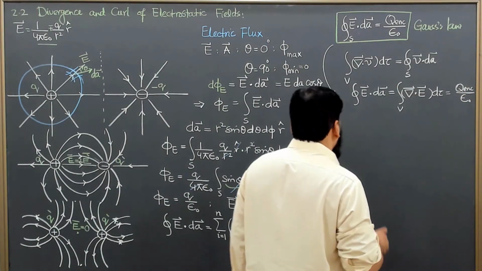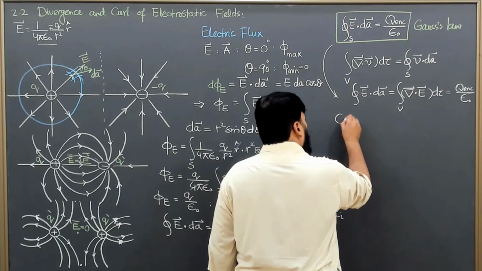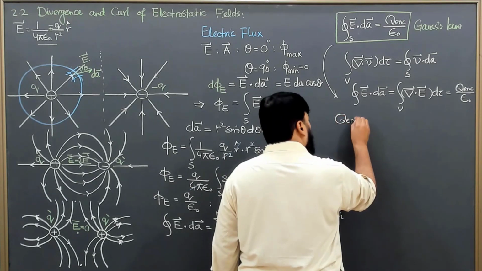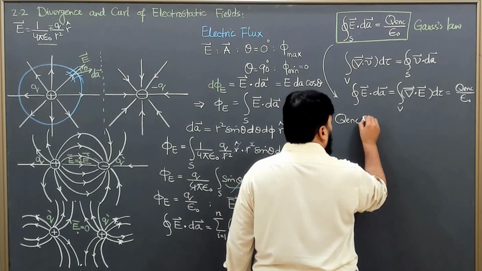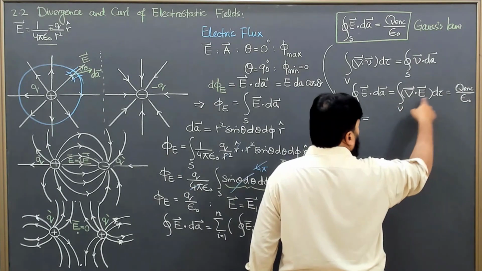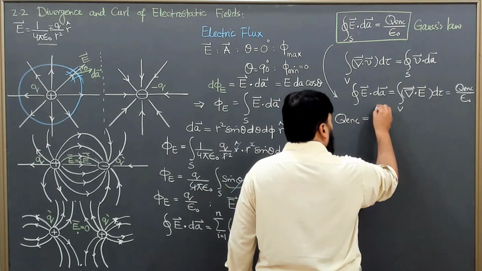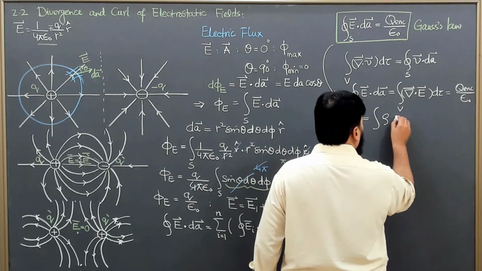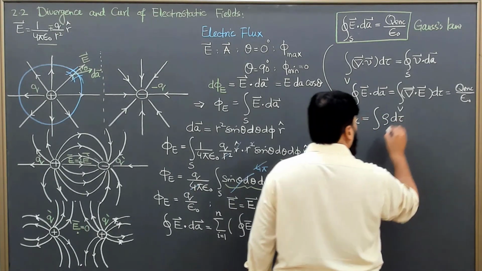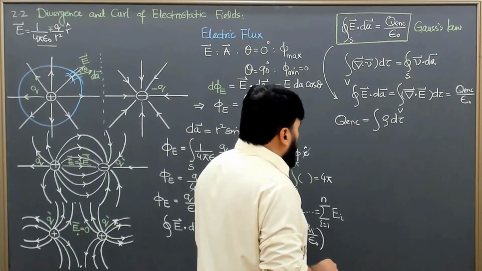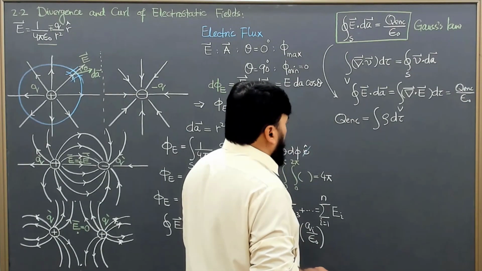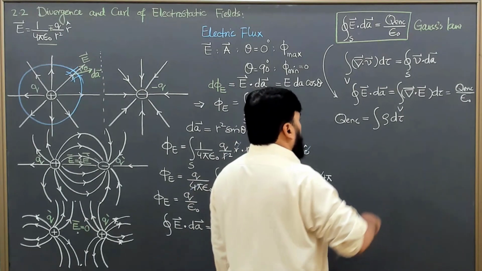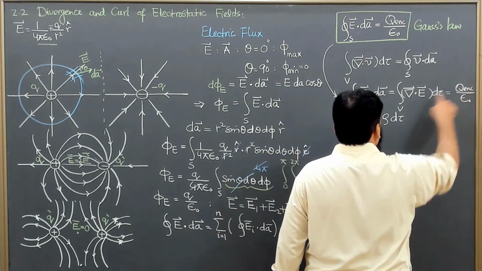Now I know Q enclosed is the total charge, and in terms of the volume element, the total charge equals the volume charge density multiplied by the volume. So this gives us the total enclosed charge, and I can write for Q enclosed this.